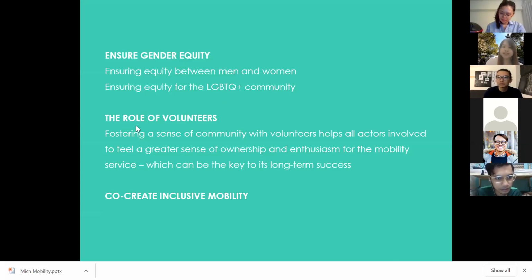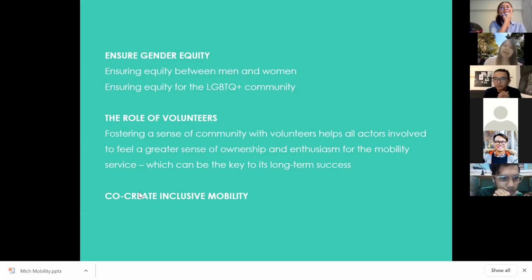And also the role of volunteers. This is particularly important in a community context, because self-initiated efforts need volunteers, and they depend highly on volunteers to ensure the sustainability of the solution.